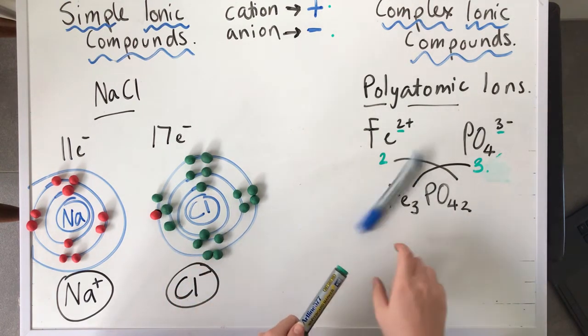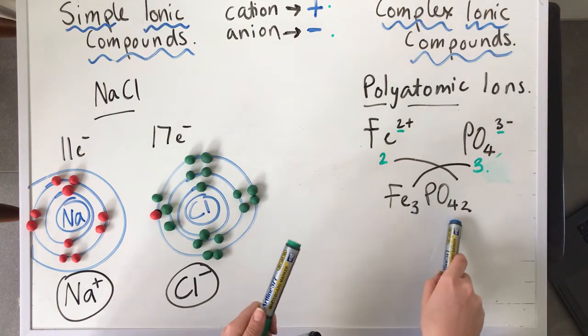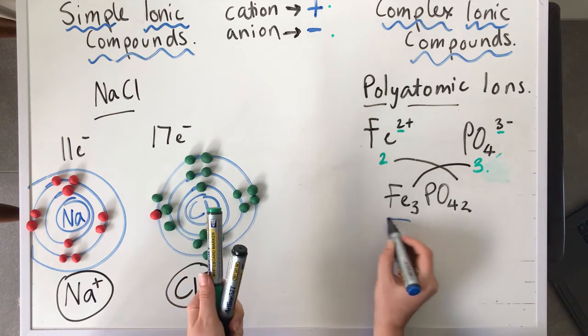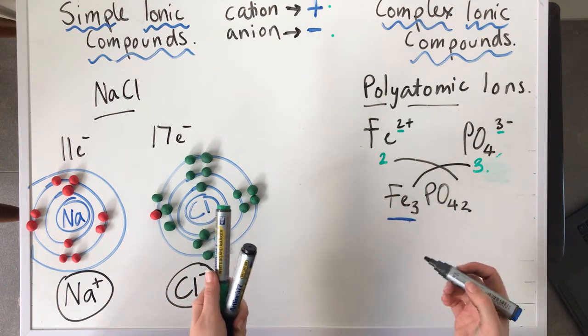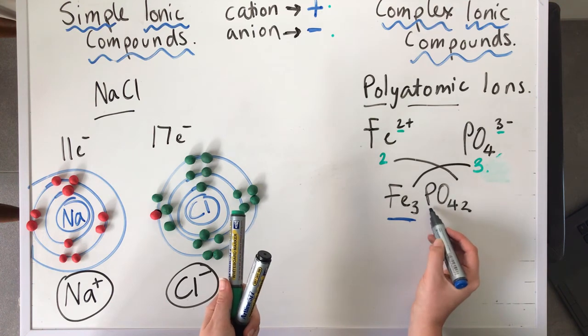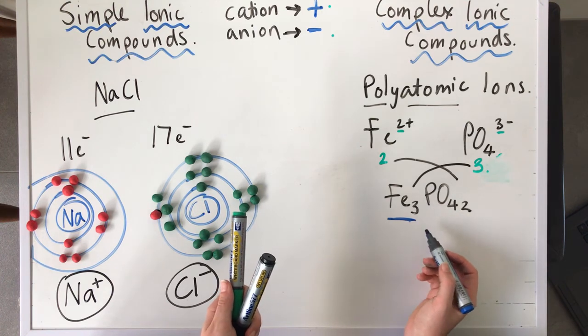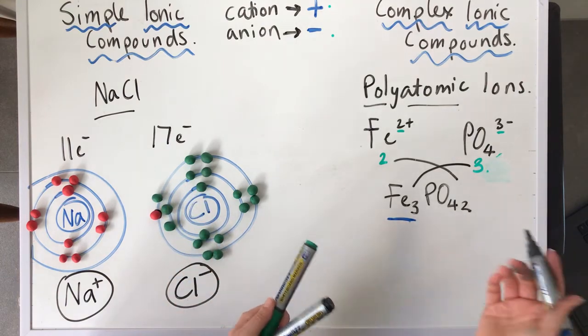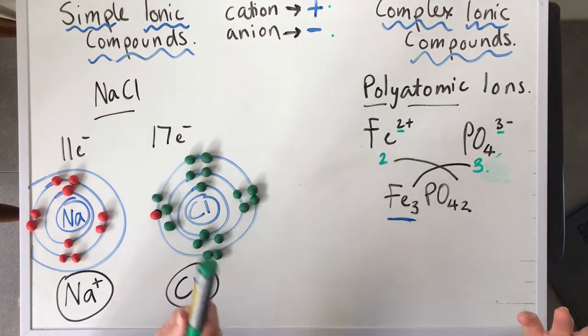One thing that I need to note with polyatomic ions is that I can see here that I've got 3 iron atoms. Here, it now looks like I've got 1 phosphorus and 42 oxygens. That's not at all the case. You could also read it that you're multiplying them and you end up with 8 oxygens. That's not the case.